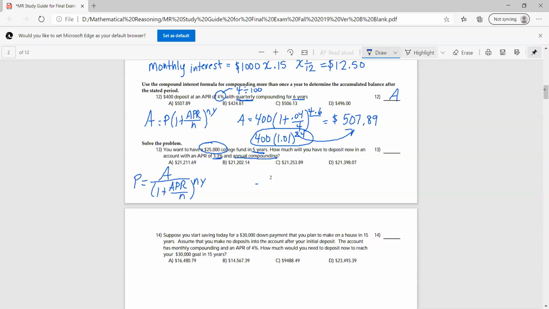Okay, so we want to have our A is the total amount that we're taking out. So $25,000.